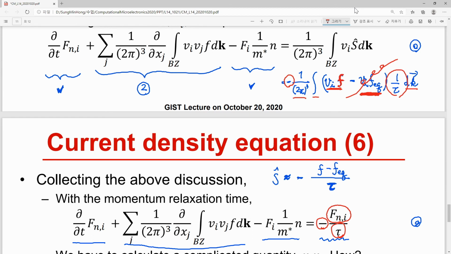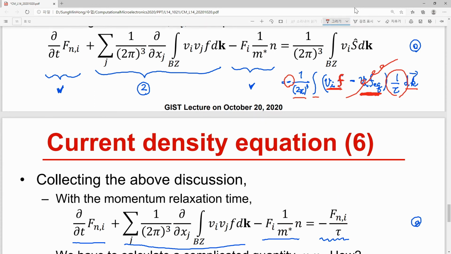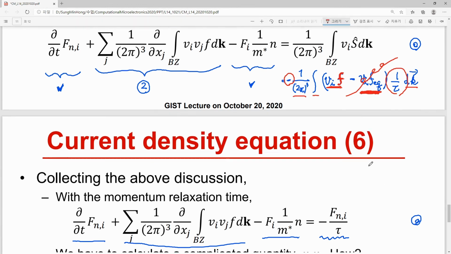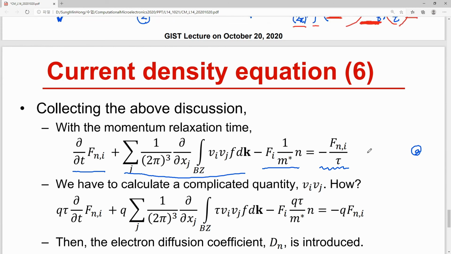So with this approximation, which is called the relaxation time approximation, here we have a relaxation time. By adopting this relaxation time, we can easily turn our scattering into a quite simplified form. So what is the significance of this approximation? By taking this approximation, the complicated scattering can be expressed as a term related with f_n and tau.